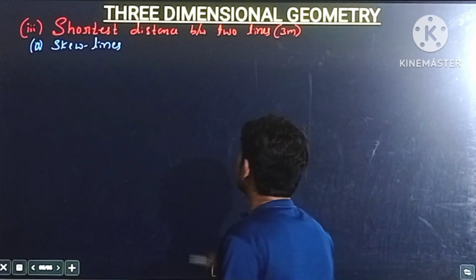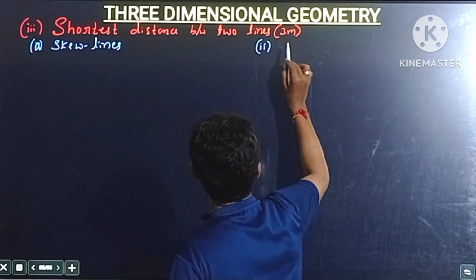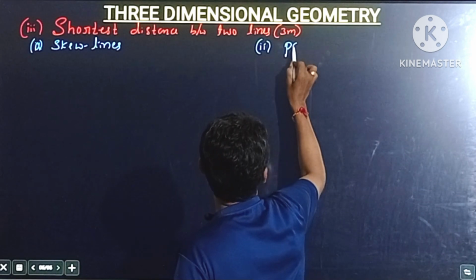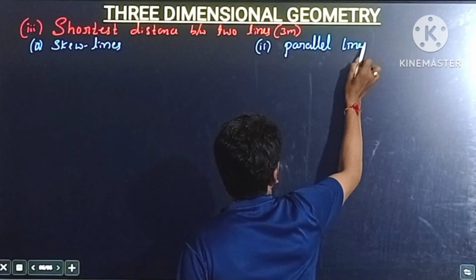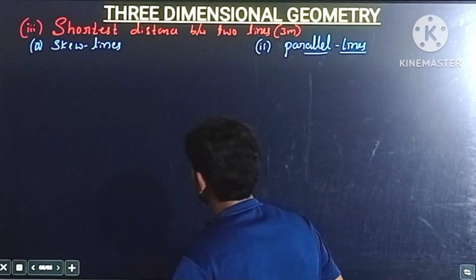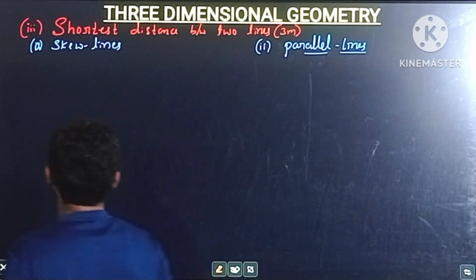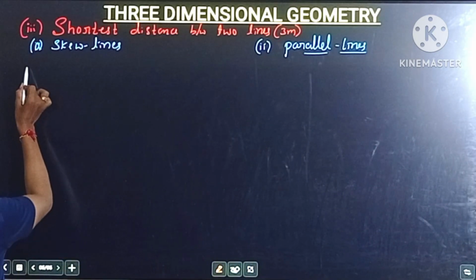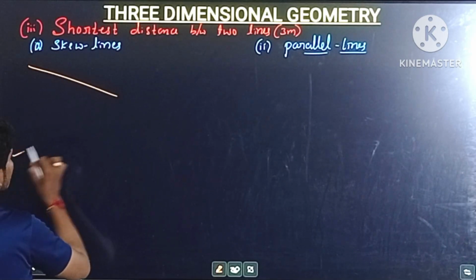What is the second case? Distance between two parallel lines. Now observe here. The first case is the distance between two skew lines. See here, suppose this is the first line and this one is the second line.